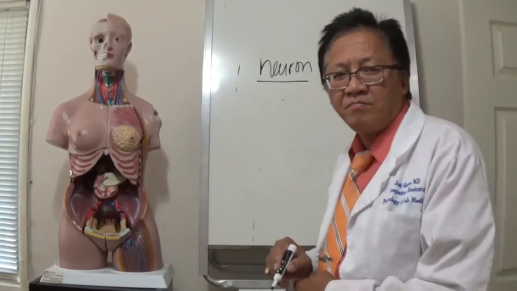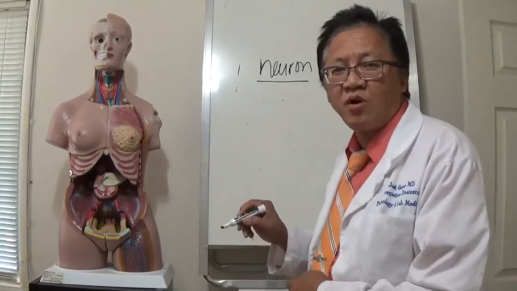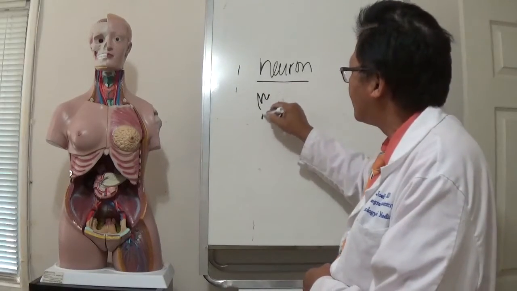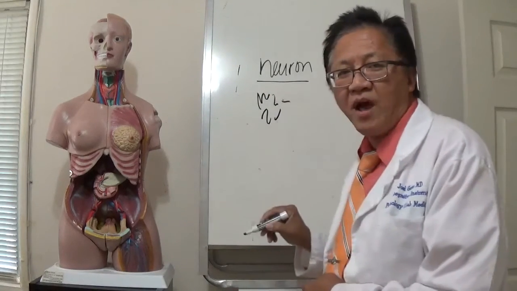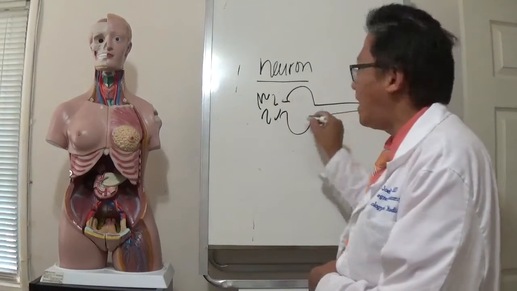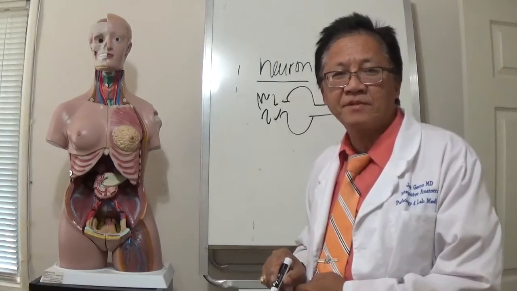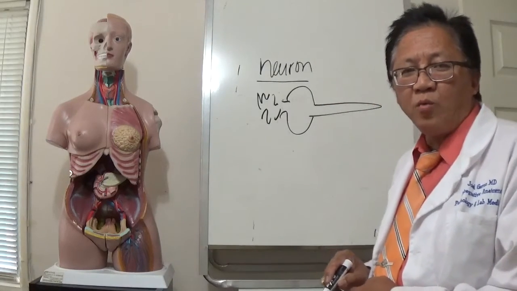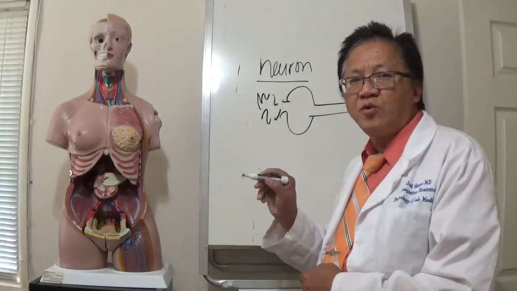A neuron has parts. The first one is called the dendrite. Then we have the cell body, followed by the axon. The dendrite receives the nerve or neural impulse.